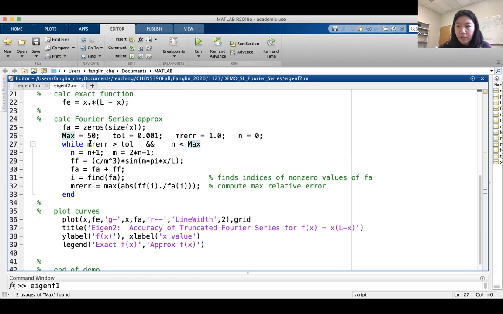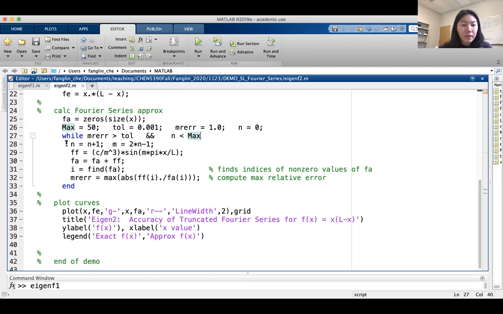However, if one of the conditions is not satisfied, for example, if the relative change of the term on the sum is smaller than the tolerance, or the looping count is bigger than the maximum looping you want to run, then it will stop. When we define the iteration loop, we define our m, which should be an odd number. So m is always equal to 2n minus 1.